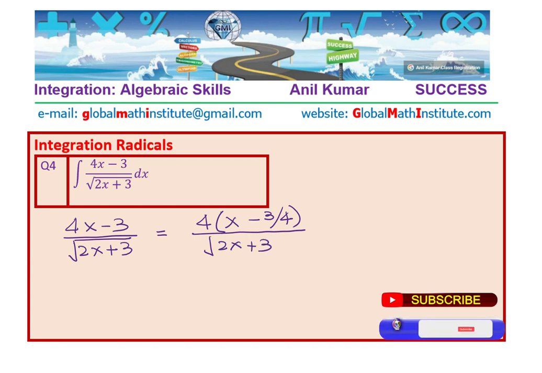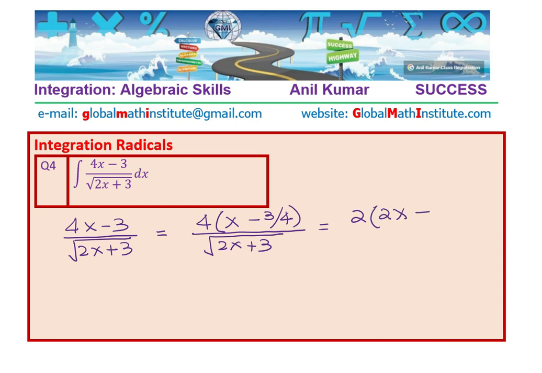Makes sense? Now we'll multiply by 2 and divide by 2, because we want 2x. So you could write this as 2 times, taking 2 inside, 2x minus 3 by 2, over the square root of 2x plus 3.